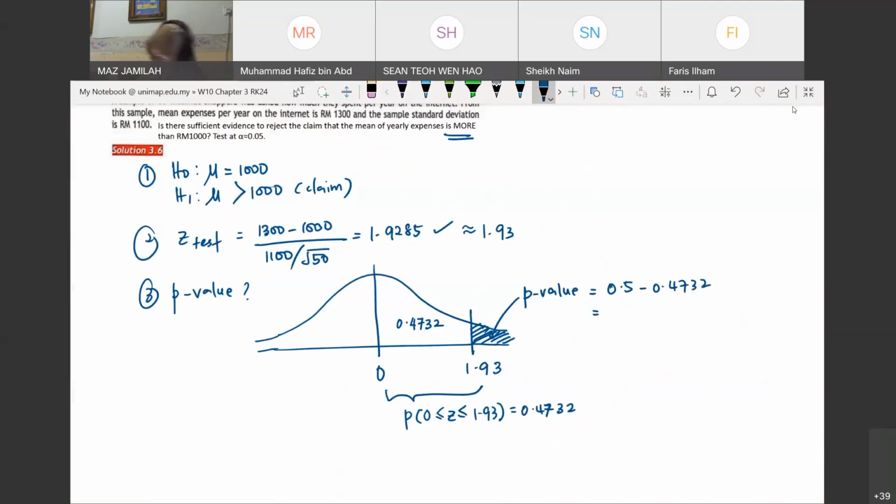So what do you get? Did you get it? No one is calculating? 0.0268. Okay, so now we know that the probability of this area is 0.0268. Now what is our alpha?